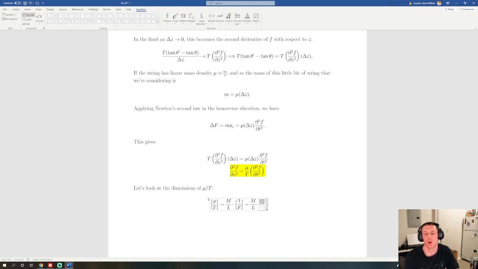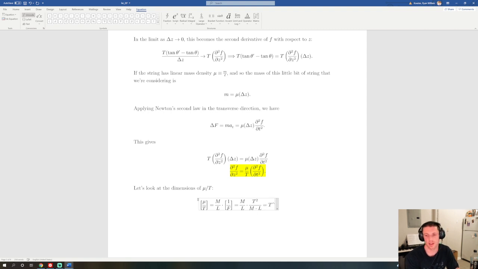So the dimensions of 1 over force are going to be time squared over mass times length, right? And if this isn't clear, the way that you could remind yourself is just remember that a force is most generally given by a mass times an acceleration, and you can check the dimensions of a force that way, right?